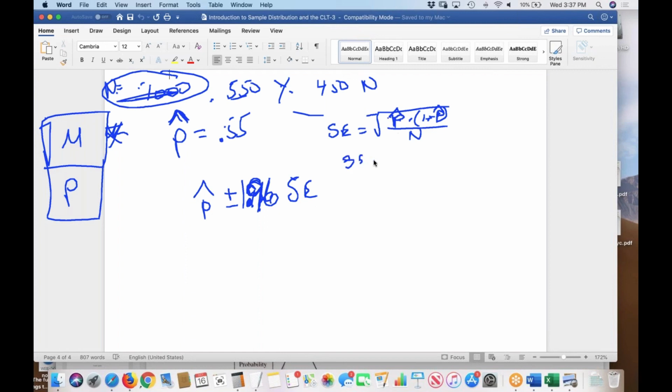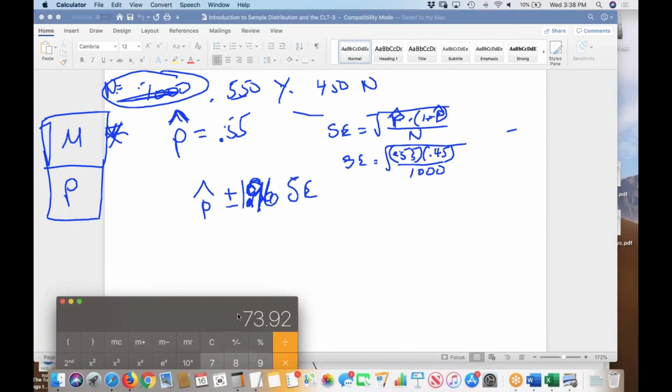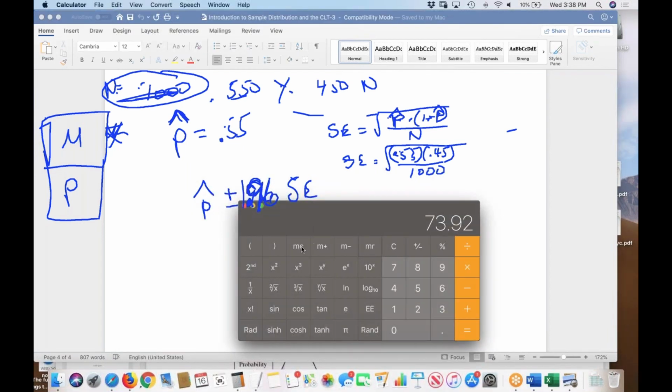So what's the standard error going to be equal to? It's equal to the square root of 0.55 times 0.45, 1 minus that, over 1,000. So let's calculate that. I've got to get my calculator up. Okay, clear everything. Okay, so 0.55 times 0.45 is equal to this.